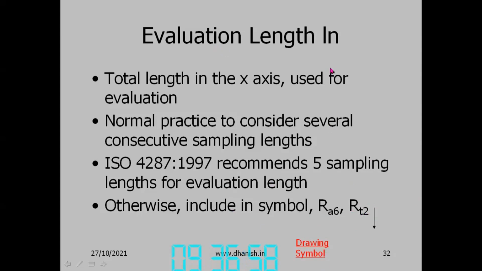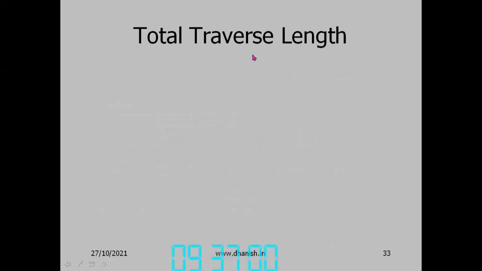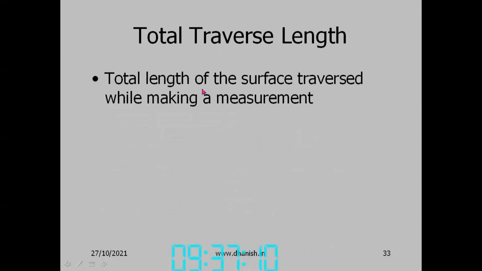Now the total traverse length is the distance traversed by the stylus. This is slightly more than the evaluation length, right? The total length of surface traversed while making the measurement is greater than the evaluation length, because when starting from the stage there is some acceleration.